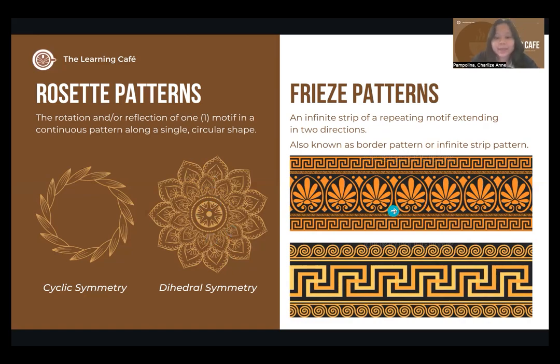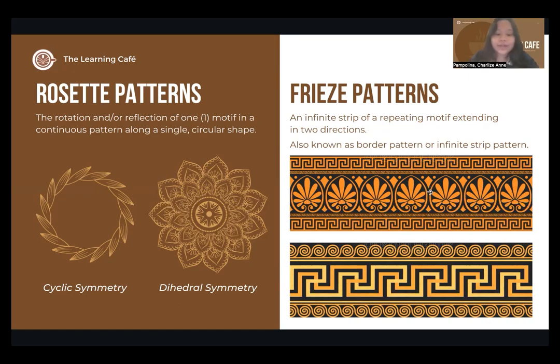Moving on to the second pattern, we have frieze patterns. Although its name sounds a bit more complicated, I'm pretty sure that you have seen this type of pattern at least once, and I believe you'll remember once you see some examples, because these patterns are commonly seen in architecture, especially in old pieces like this.